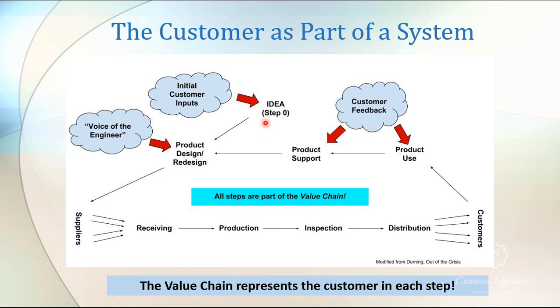So this is usually the job of marketing, to understand what the customer wants and how you are going to provide value. And then, once the initial customer inputs are received by marketing and a general outline of what the customer wants is created, we move to the product design and redesign.